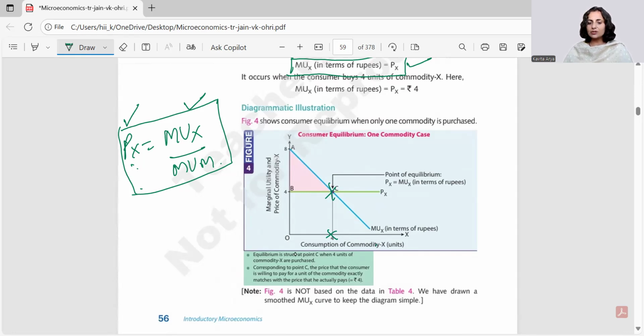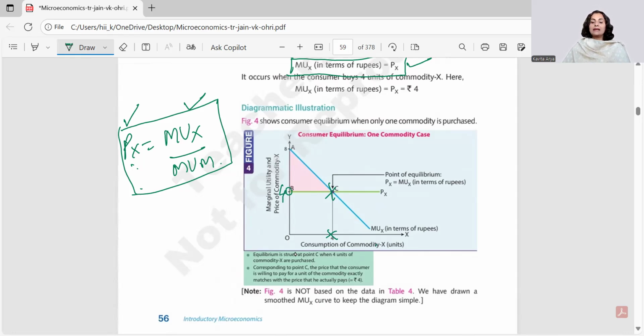And the price also is taken to be 4 here. As I always tell my students, every point is not to be scaled. Only this point of intersection, when scaled, is good to go. So he reaches his satisfaction after consuming 4 units when each unit is priced at 4 rupees. And with this, you would get full marks because diagram and explanation are given together.